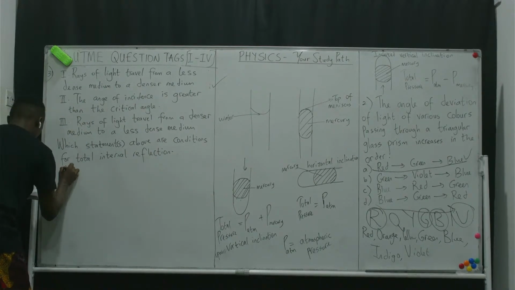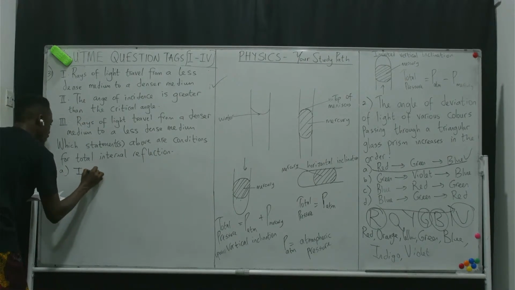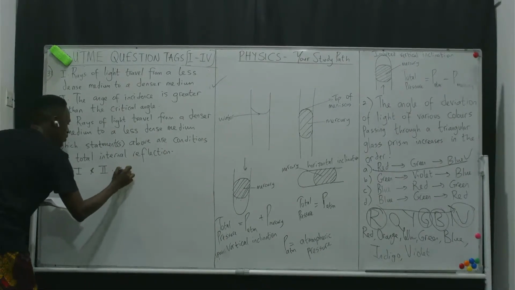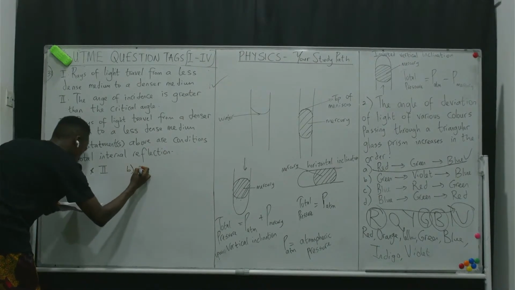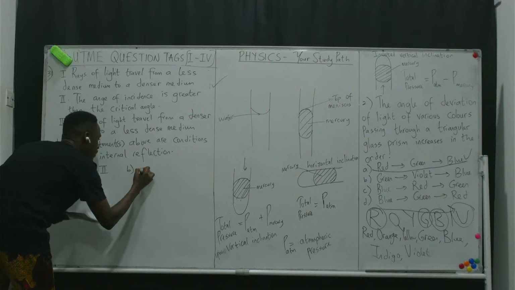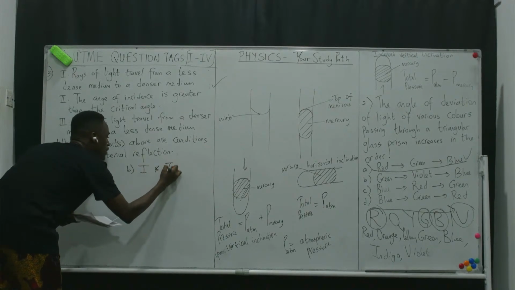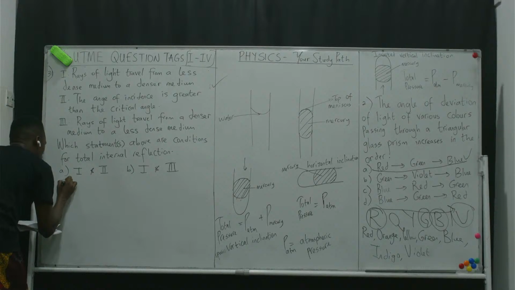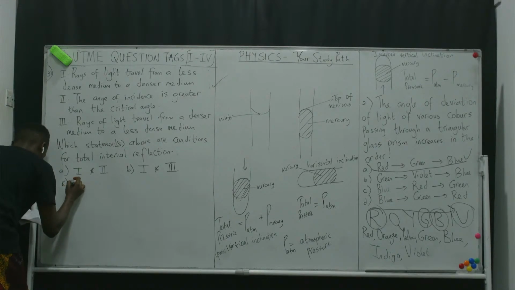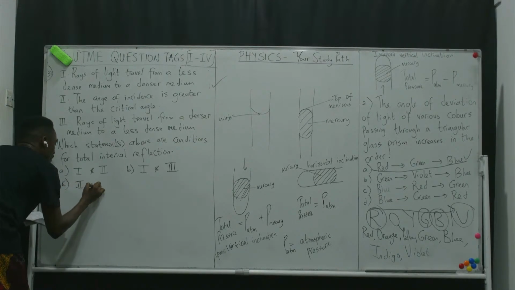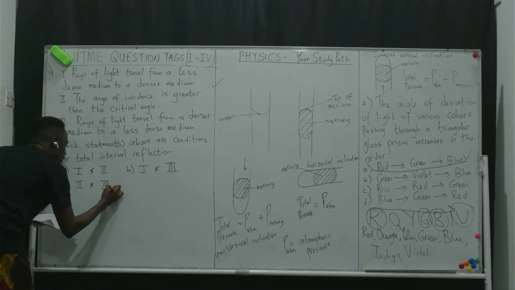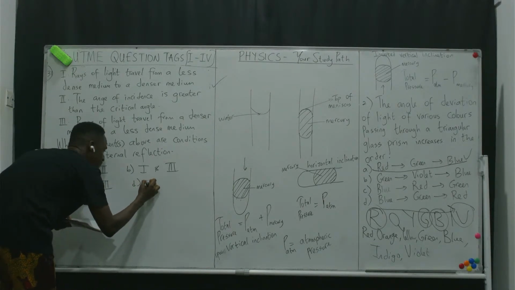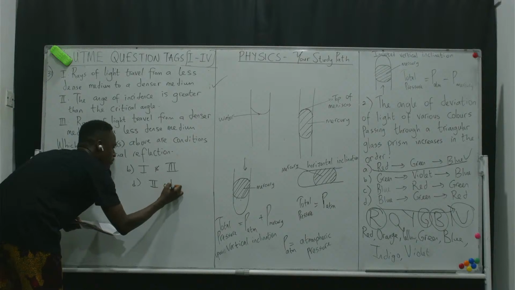So A has this to say, is it I and II only? Option B says, is it II and III? Option C says I and III. And option D says I only.